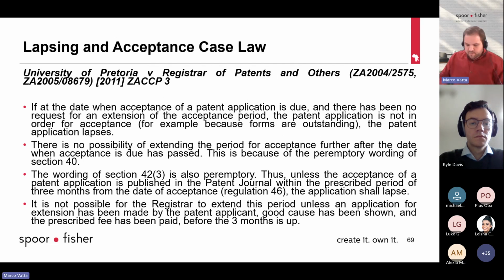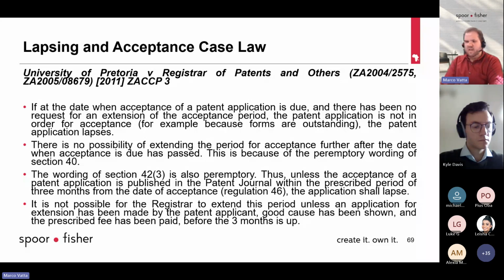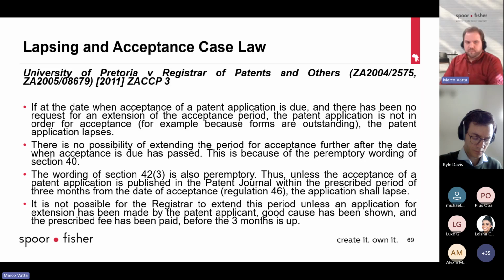Okay, so if we look at some case law that relates to the acceptances of an application and the deadlines by which to publish, a very important case in practice is the University of Pretoria versus the Registrar of Patents case. In this case it was held that if at the date when acceptance of the patent application is due there's no request for an extension of the acceptance period and the patent is not in order for acceptance, then the patent application lapses.